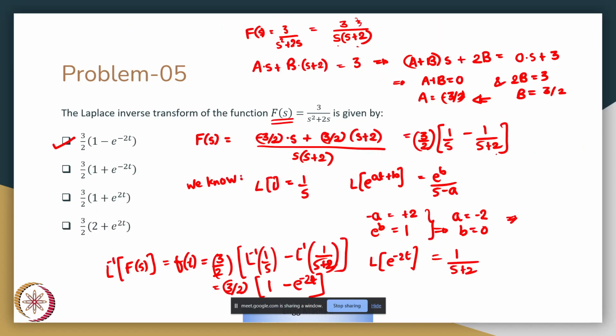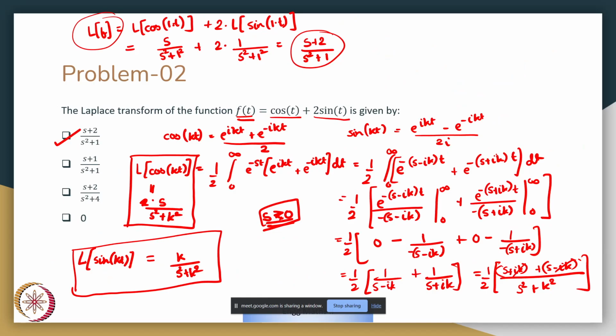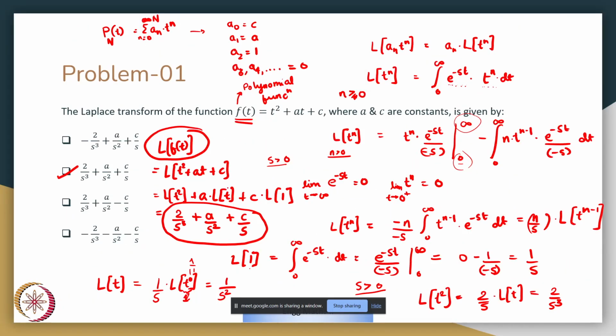So the Laplace transform of t is nothing but 1 by s square. Laplace transform of 1 is 1 by s. Laplace transform of t square is 2 by s cube.